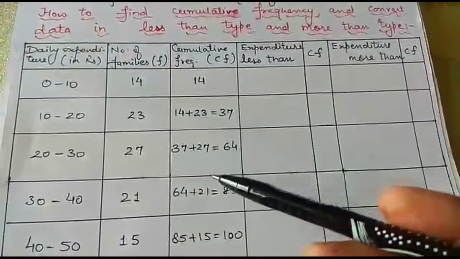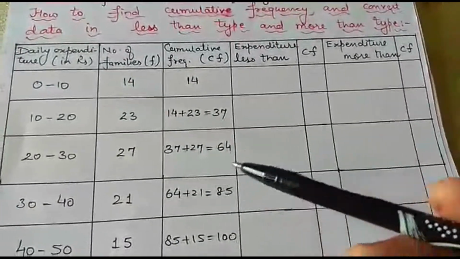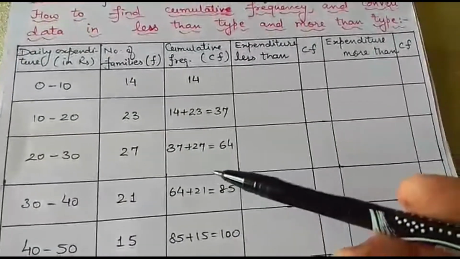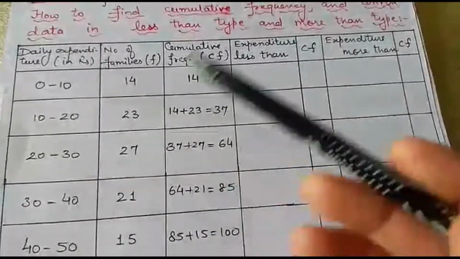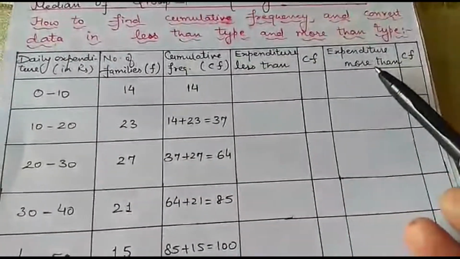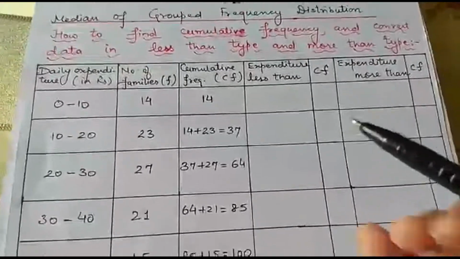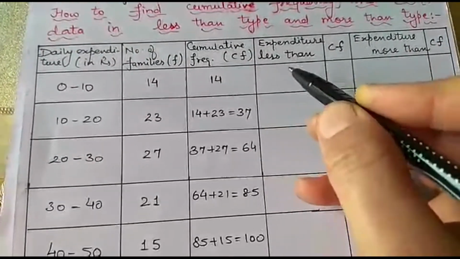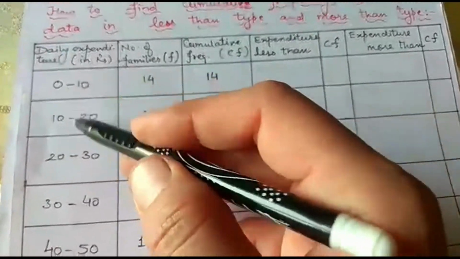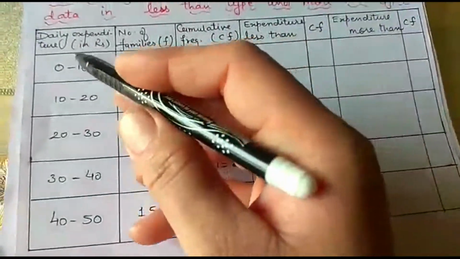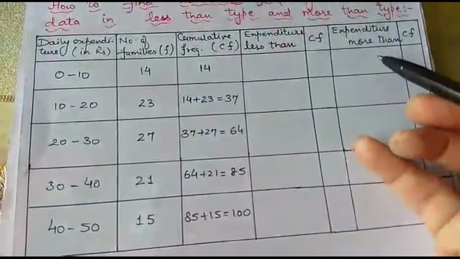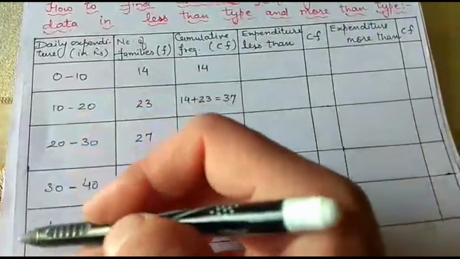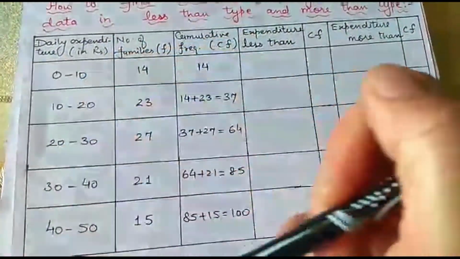Now from the same table, we are going to learn today how to convert the group frequency distribution into less than type and more than type data. So first is expenditure less than. In less than type we consider the upper limit of all the classes, and in more than type we consider the lower limit of the classes.